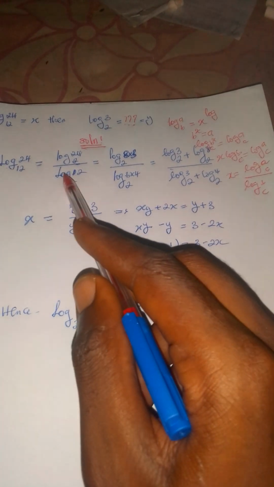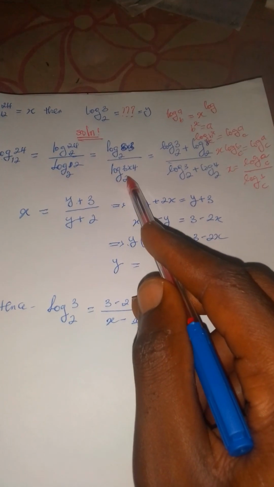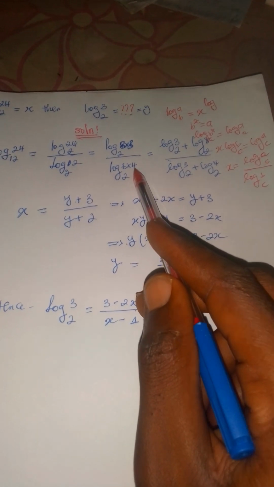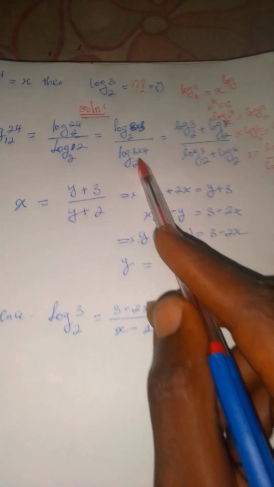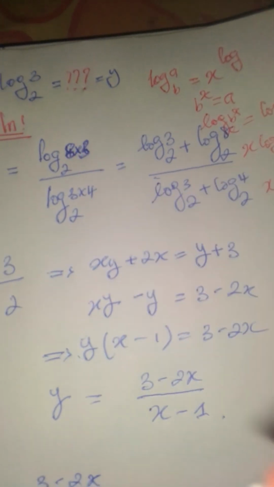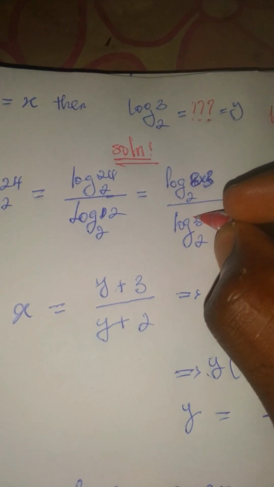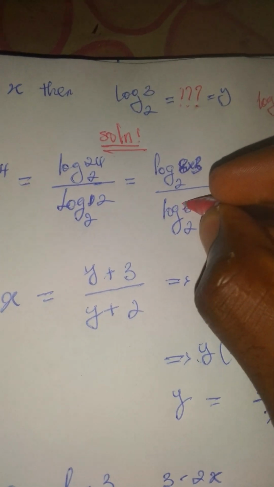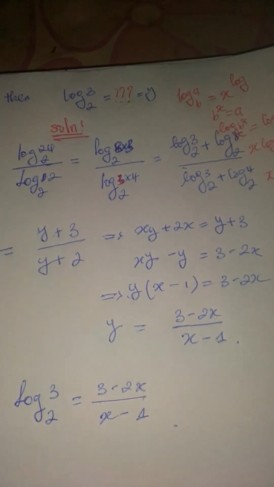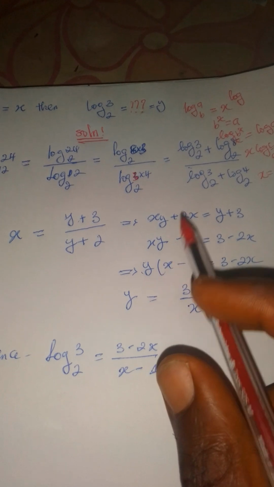Same down, we can write 12 as 3 times 4. This is 3 here, this is 3. So log of 3 times 4 base 2.